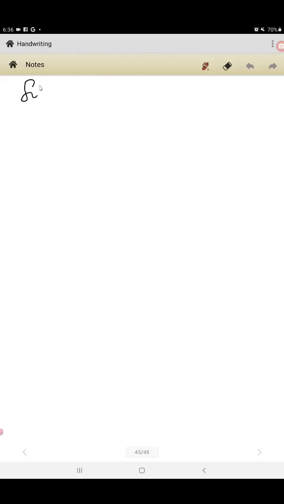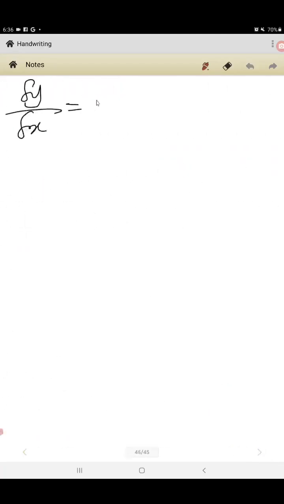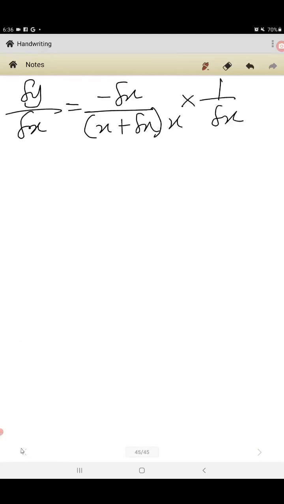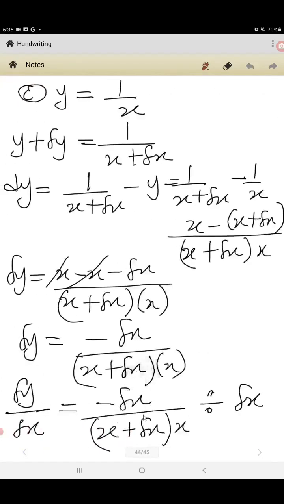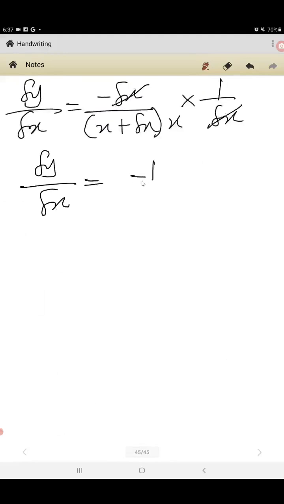You write, you discover that it is minus change in x over x plus change in x bracket x, times 1 over change in x. Remember that you have to divide it by change in x. So when you now change to multiplication, it will be the reciprocal. This will cancel this, meaning that dy over dx is equal to minus 1 over x plus change in x onto x.